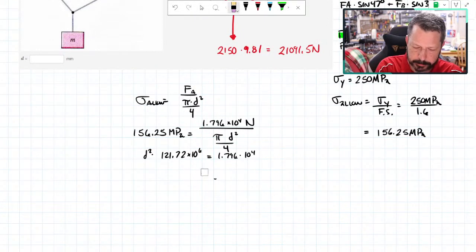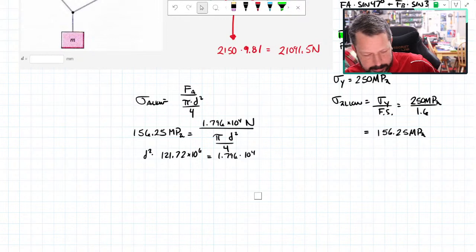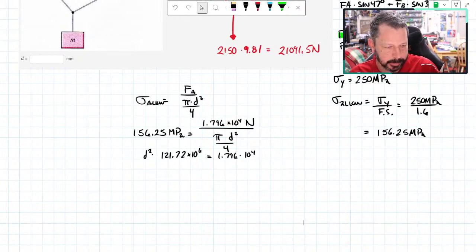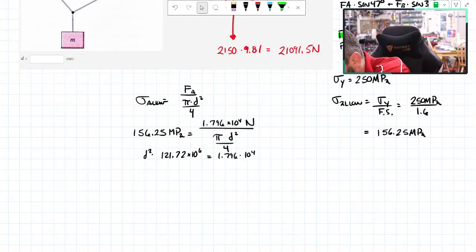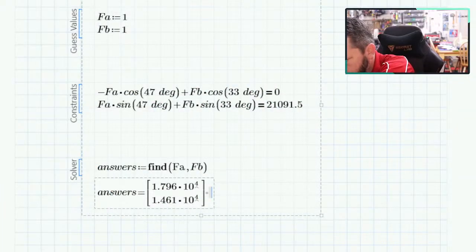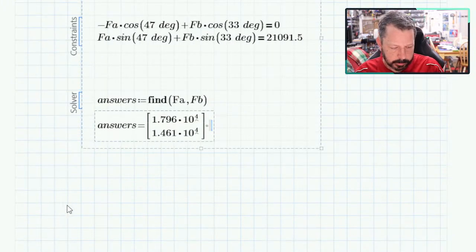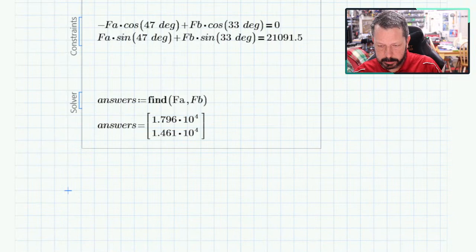Let's go over to MathCAD and solve it. I'll see if we can get it to work over there, because pretty sure that's our problem. Where's MathCAD at? There it is. All right. So let's go back to what we were trying to do. So we have sigma allowable.